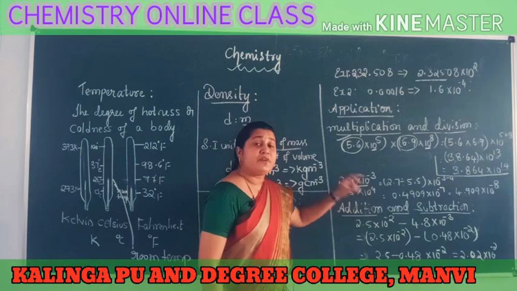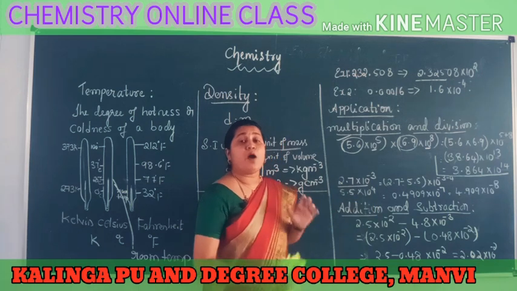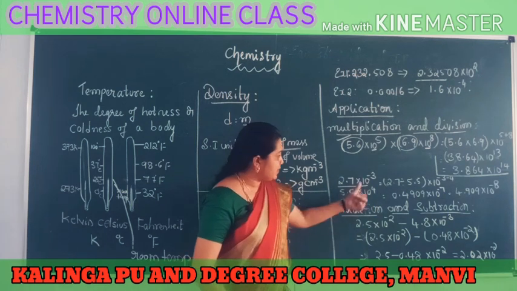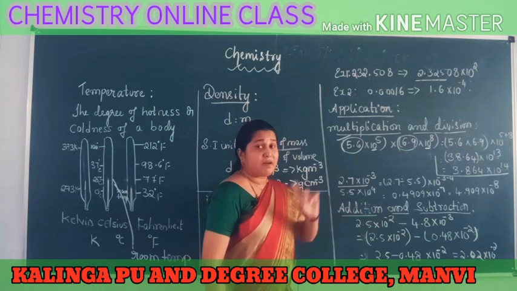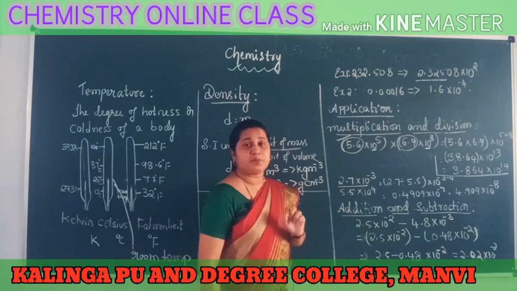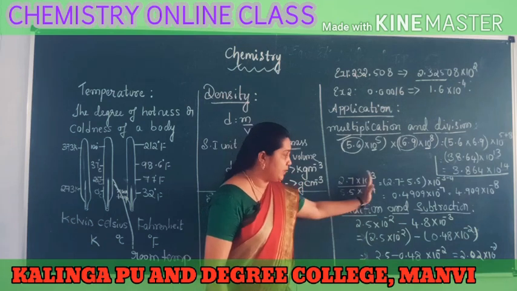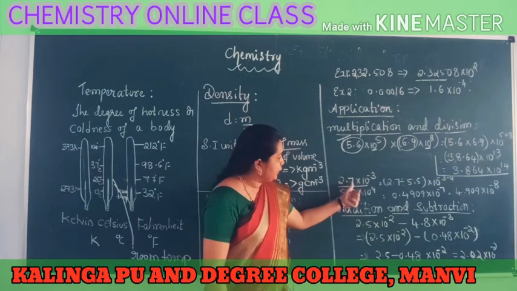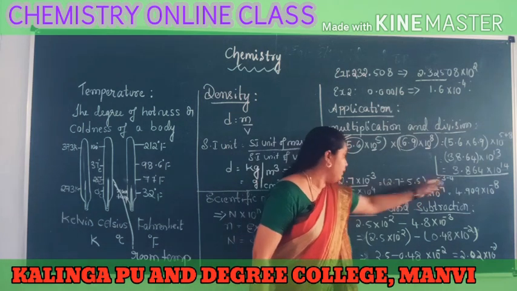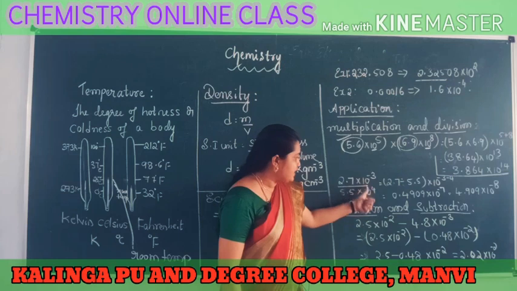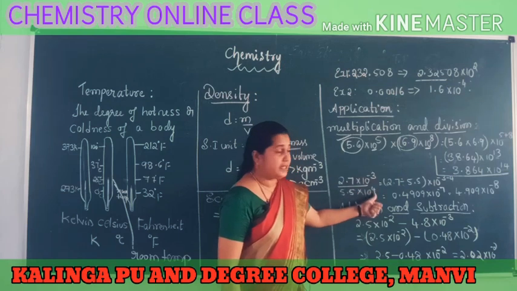Here the 4 is 10 power, so minus of plus 4. When you take the denominator term to the numerator side, it will become a minus. So 10 power minus 3 plus of minus 4.